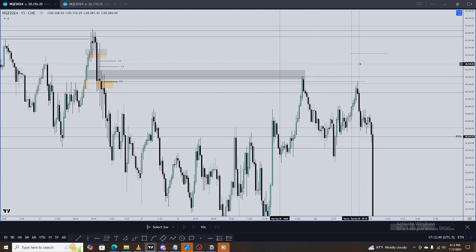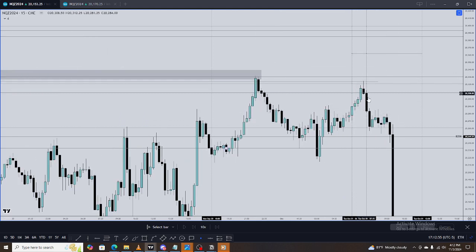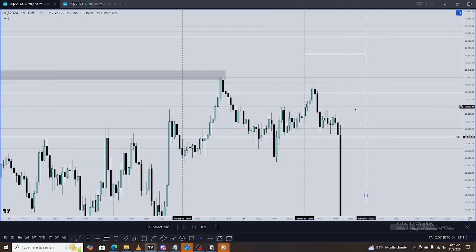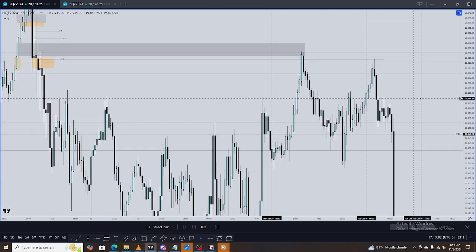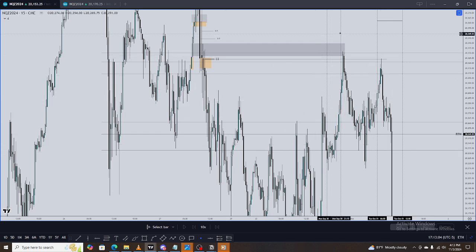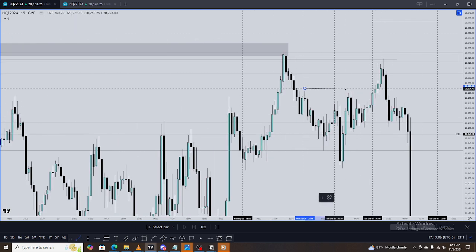When we get to 6 a.m., we really start to see the animation of this Judas swing, right? Then we create again an impulse retracement expansion after engineering, taking out all the liquidity, putting longs in on a breakout or on a volatility swing up.